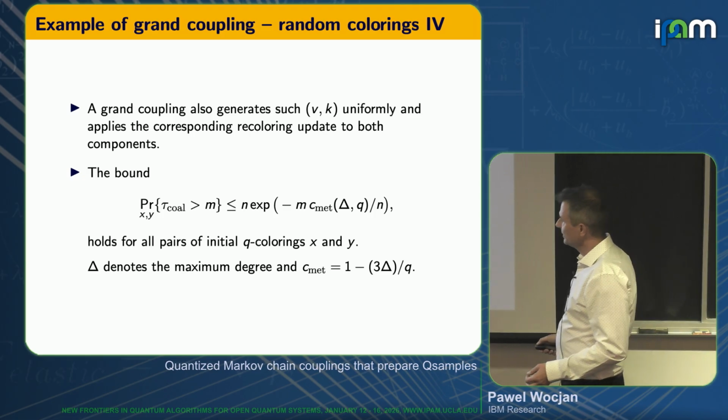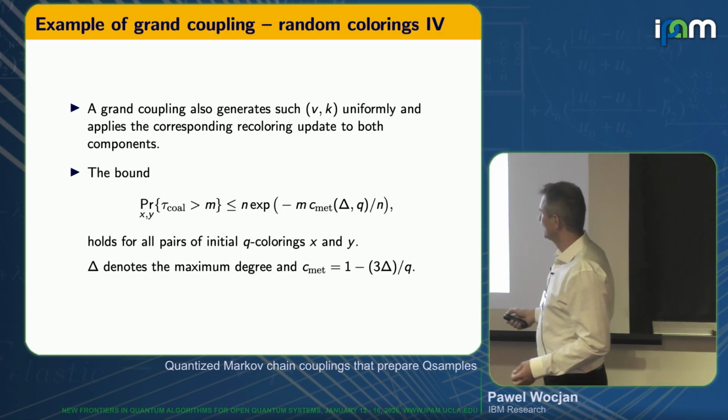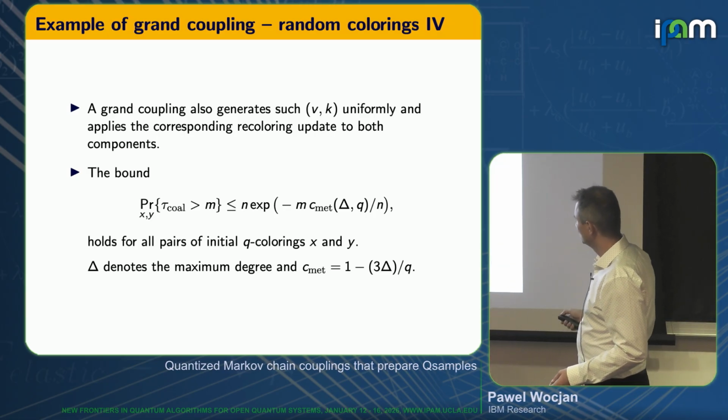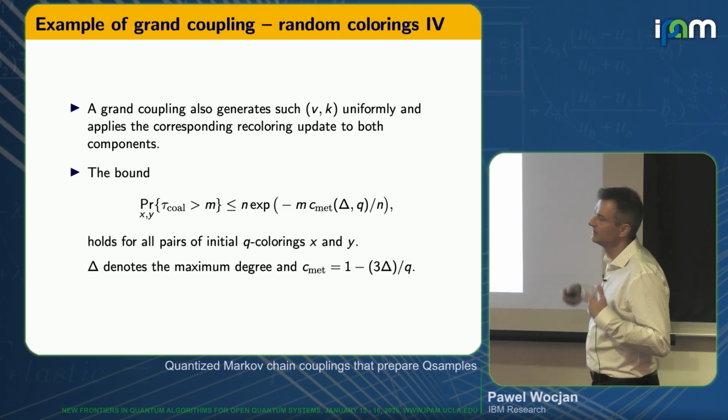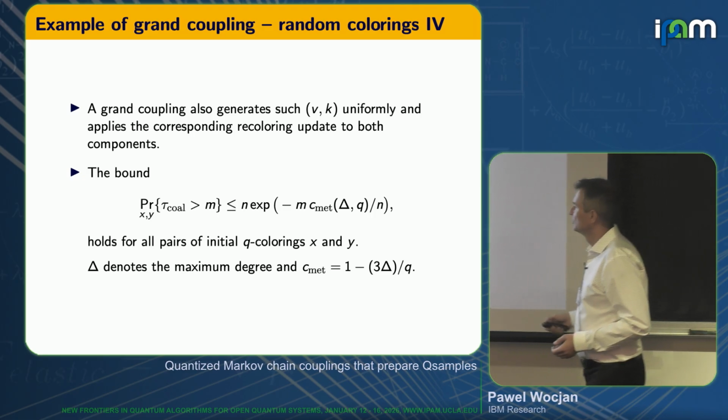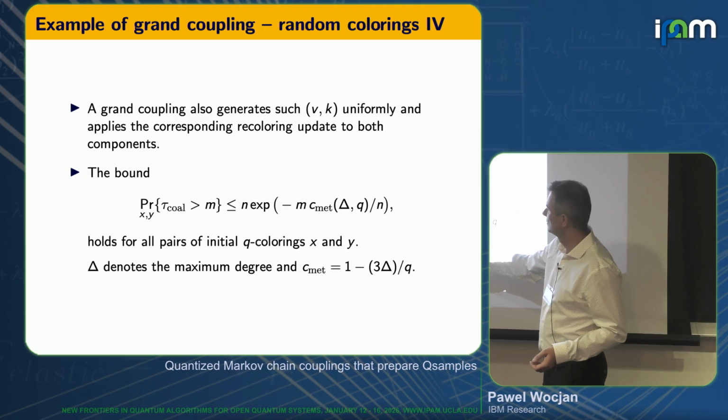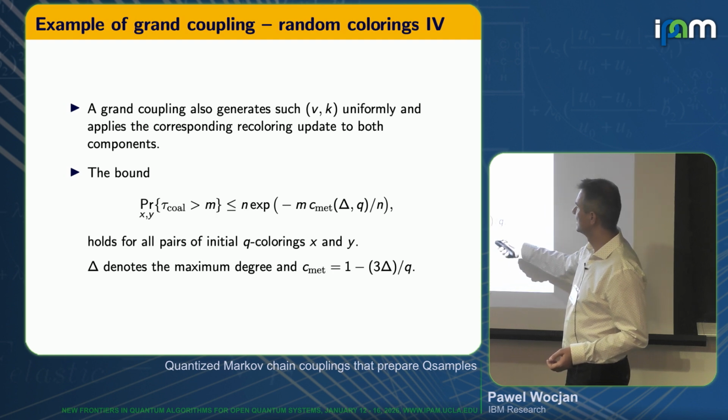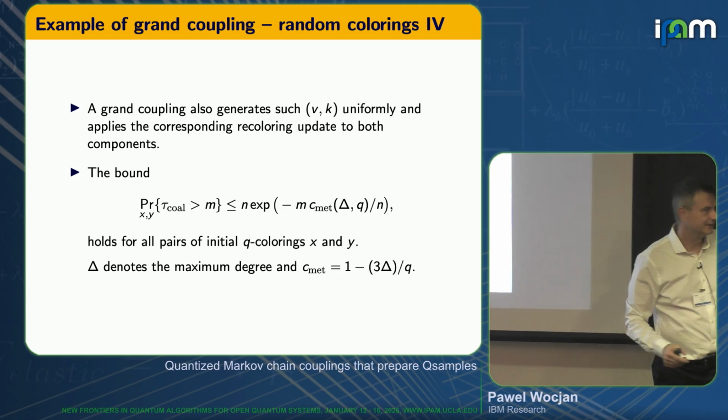And what you can show is that if you have enough colors, so you have enough wiggle room, the coalescence time, the probability that it's greater than m, goes down exponentially.